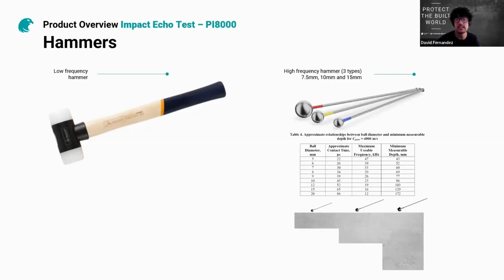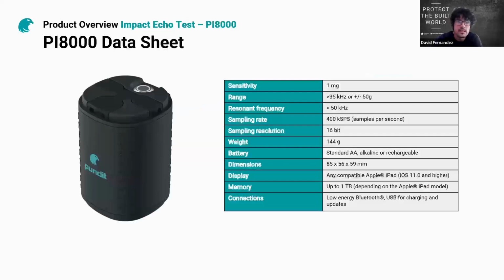And the bigger impactor provides a lower frequency, which has more penetration, but is less accurate than the smaller one. So the biggest one is really useful if you want to test thicker elements.